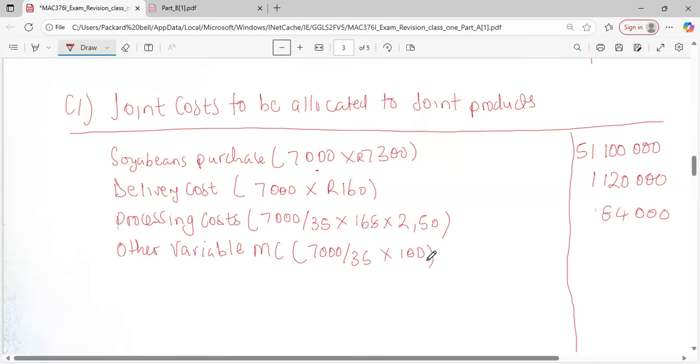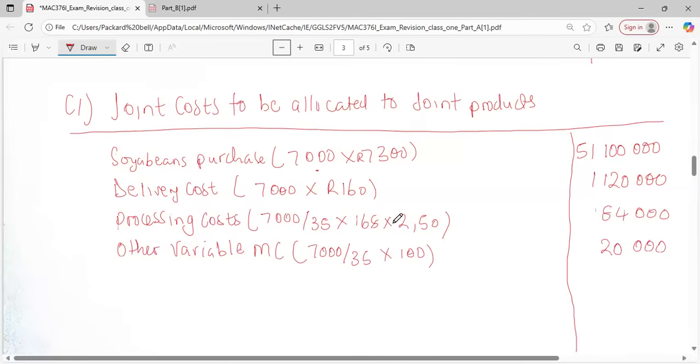It's going to be 7,000 divided by 35 times 100. So we have 200 batches there. So it's going to be 20,000. Am I correct? Yes. Right. So that's other variable manufacturing cost.